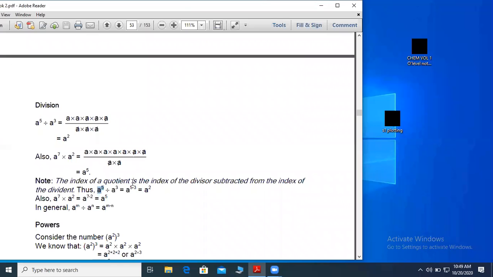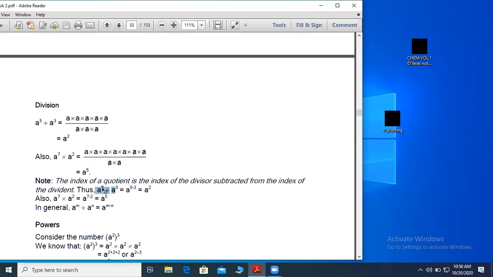We said it is the index. The index is the power of the divisor. The index of the divisor is 5. Then you subtract the index of the dividend, which is 3. So it means if we are dividing indices that have the same base, whereby the same base here is a, we write one base and subtract the powers.